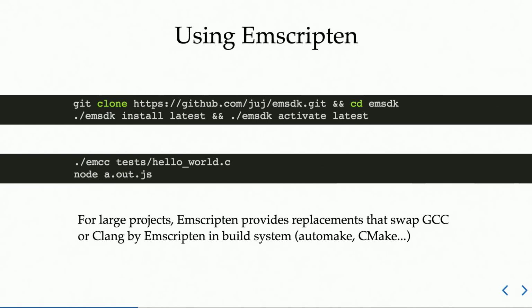For larger projects like mine, Emscripten is giving you a few toolchains that you can use to replace CMake or AutoMake, so that it's a drop-in replacement for your compiler. So at the end, instead of having your executable file, you get your WebAssembly file and the JS.